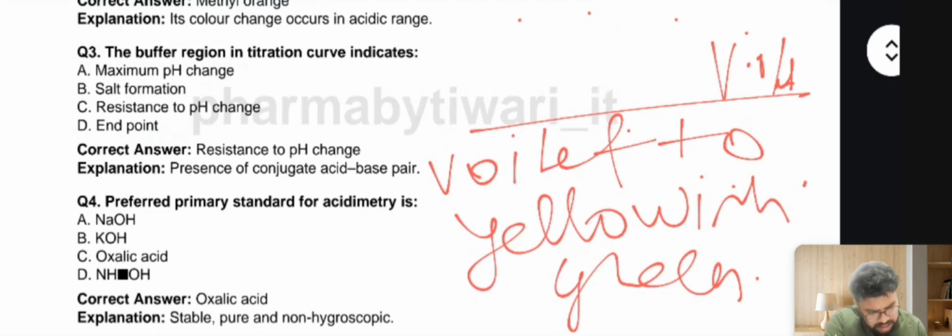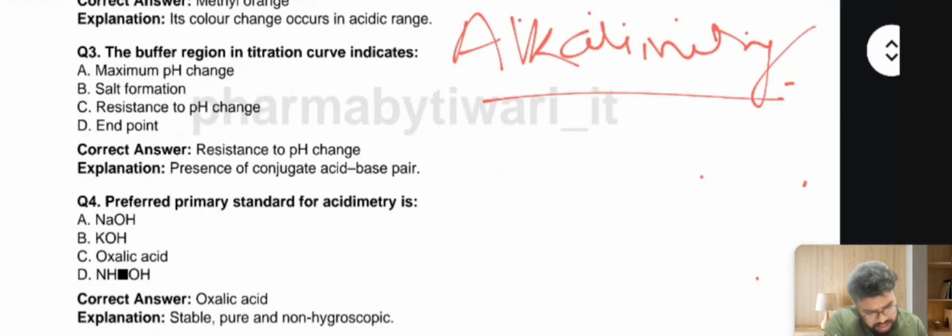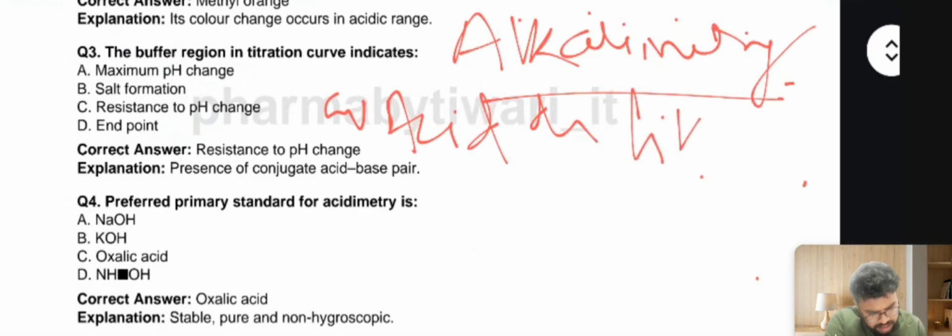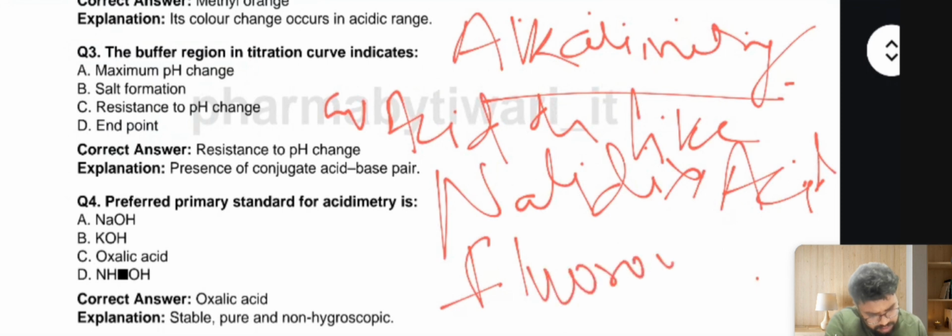Now let's see alkalimetry titration. In it we use acidic drugs as the sample, like nalidixic acid, fluorouracil, etc. Only acidic drugs are used as the sample.